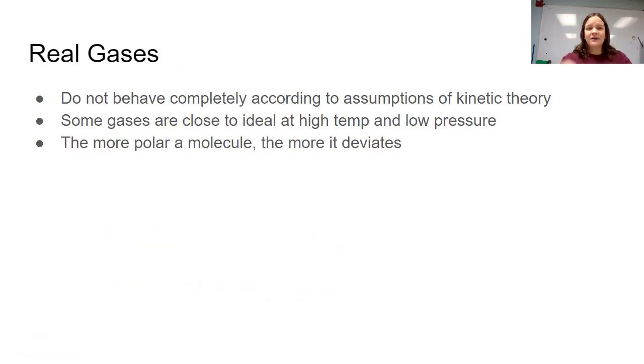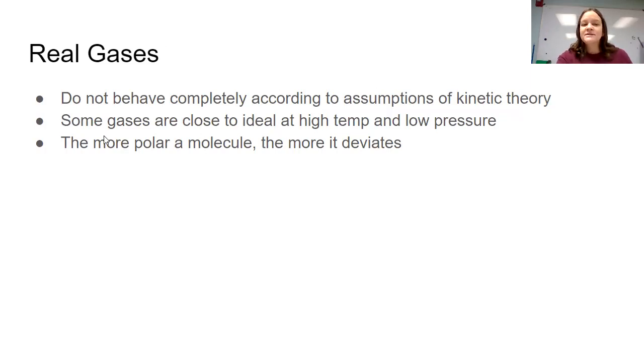They're totally hypothetical. So that gives us an idea of how gases should behave. And then we apply that to our real gases, the gases that actually exist, that don't behave completely according to these assumptions. And it's those deviations that we can actually learn a lot from. Okay.